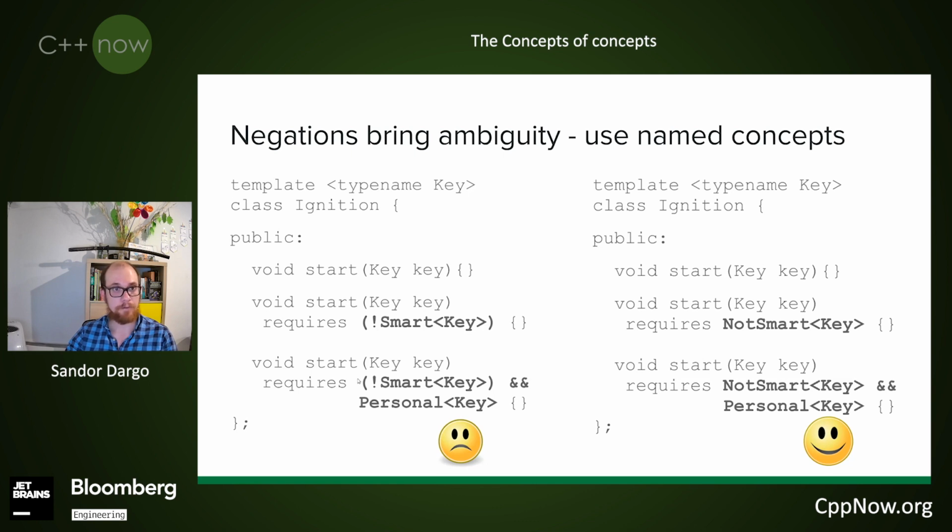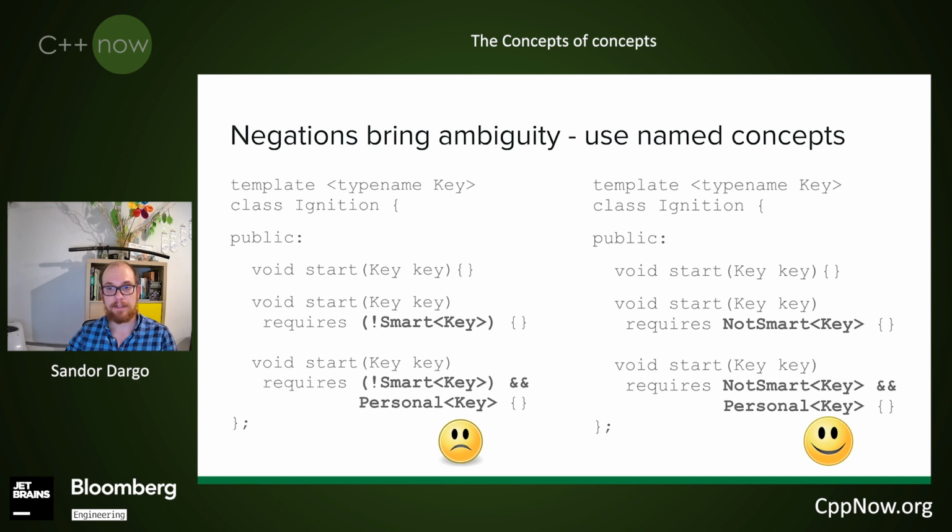So if you try to call with a key that is not a smart key, the compiler will not know which one to choose.